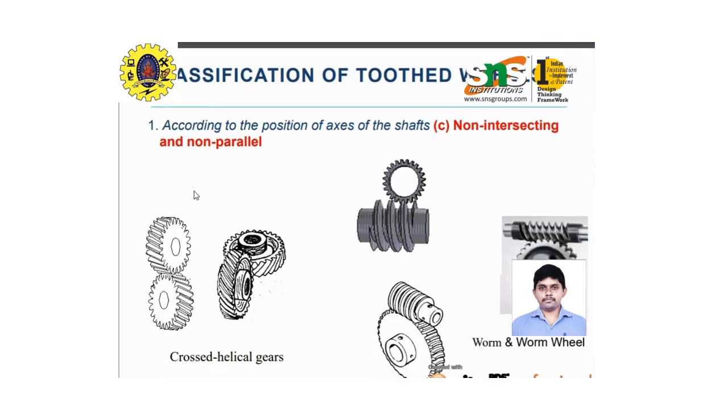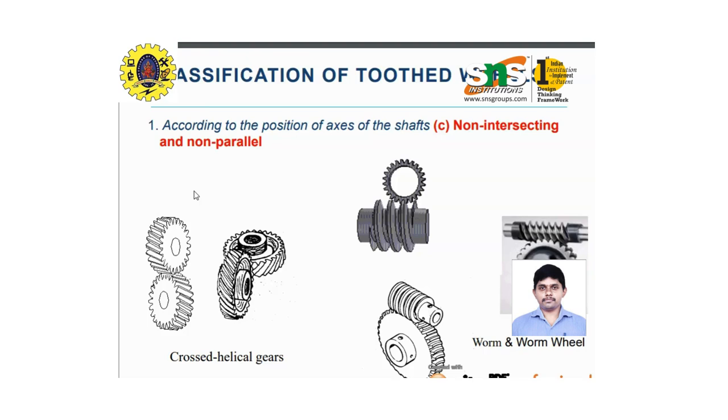According to the axis, if the axes are non-intersecting and non-parallel, if both cases are there, one is called crossed helical gear and the second one is called worm and wormwheel gear.